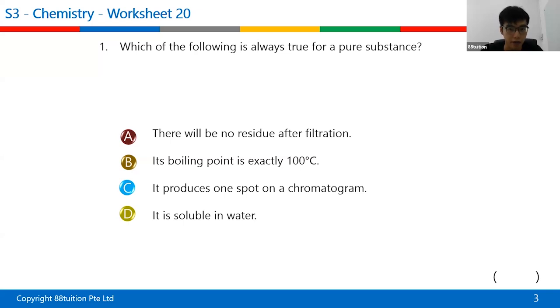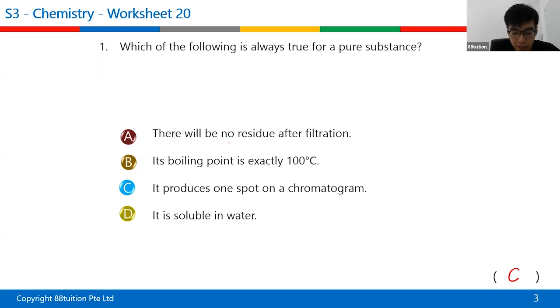Chloe says A. Okay, A is not correct. Rental says C is the correct answer. So I will explain why A is the wrong answer.